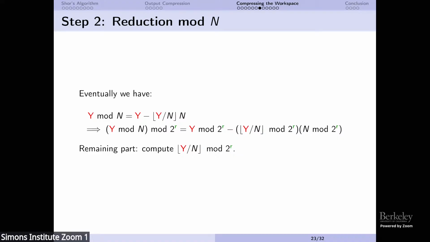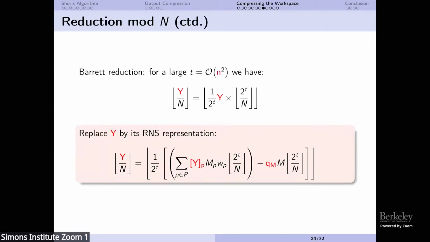OK. So we're here, quotient. The next trick is to replace this division by n, which is not really nice, by a division by a power of 2. Dividing by a power of 2 is nice, because this just means shifting the bits. So you can really do that easily when you have an integer in memory. And that's what's called Barrett reduction, also something very well known in circuit design.